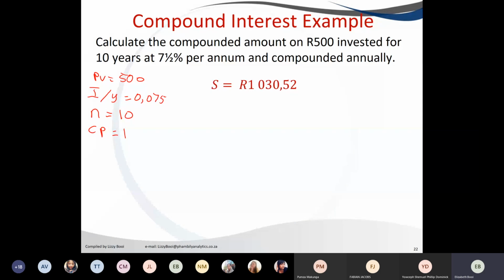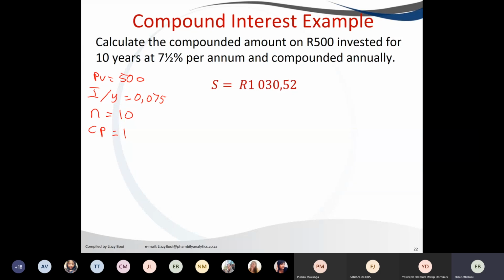The only buttons we're going to be using are the N button, your I/Y button, your PV button. We skip the PMT. We'll use it when we do annuities and amortization. You will need to use the FV, which is your future value. And the COMP is the compute, which means you're going to be calculating something.